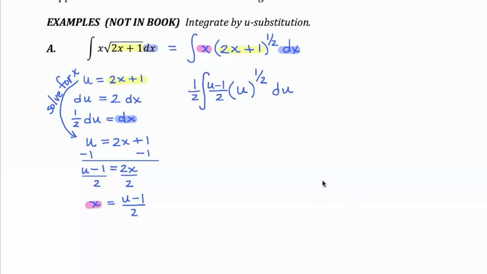So hopefully you can see how things ended up falling into place. My 2x plus 1 became my u, my dx became the 1/2 du, and my x became my u minus 1 over 2. So all the pieces have been substituted for.